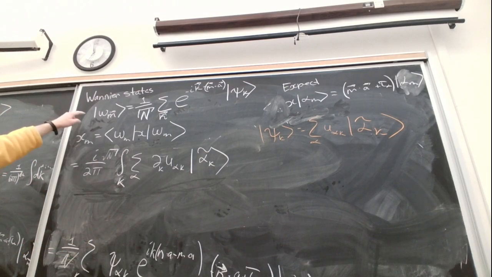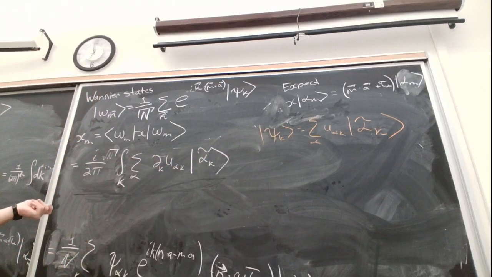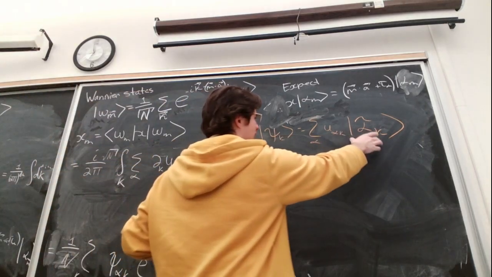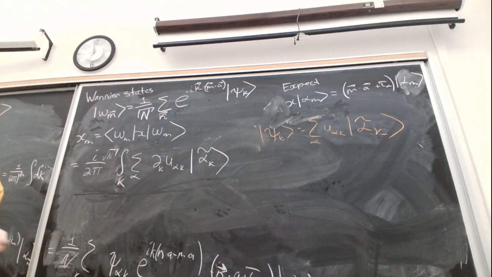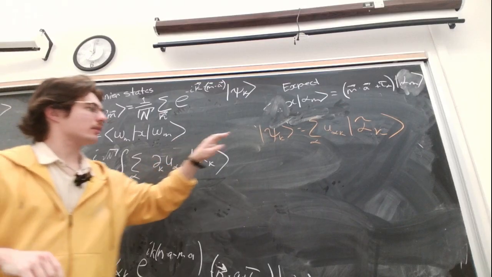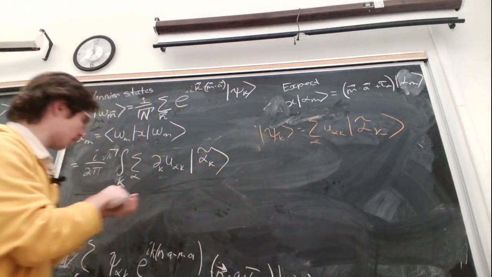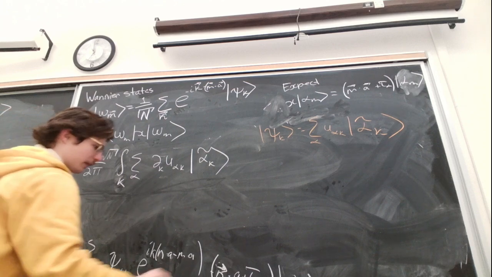So now if I expanded this other one in terms of these, I'll just have u alpha k times alpha k with whatever integral up front. And this is just a number, and these are orthonormal to each other, and so I will get the final result.